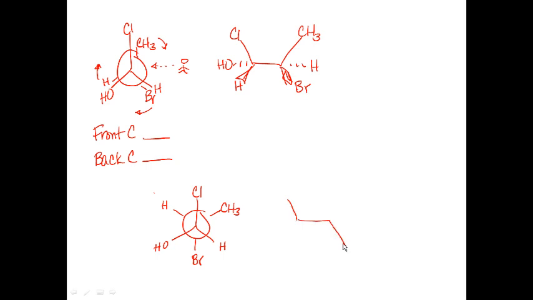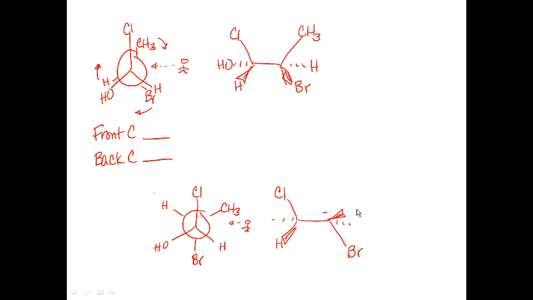As I just did in the last problem, that means that its sawhorse representation would look like this. I have my chlorine and my bromine in the plane. Again, my perspective is I'm over here looking at the molecule that way. And so my chlorine is on the left, bromine is on the right. The hydrogen is pointing towards me.